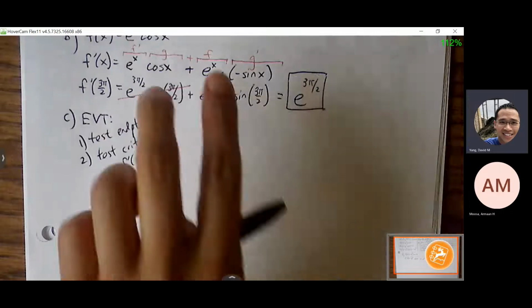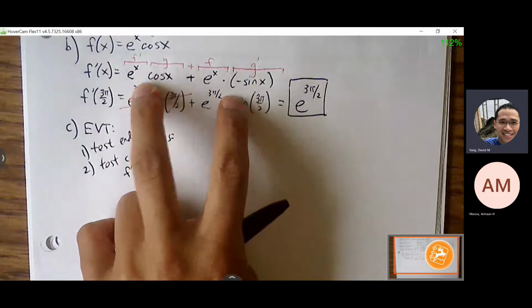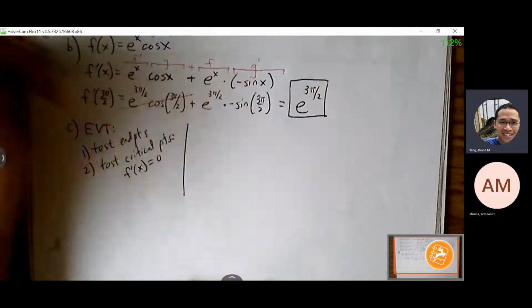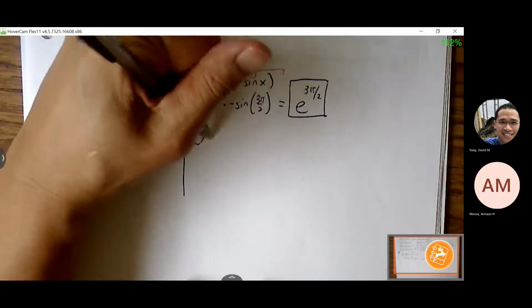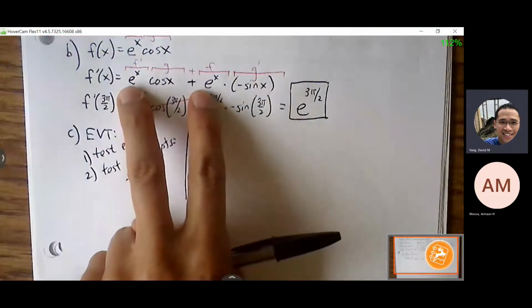Okay, so we have our derivative. Let's set our derivative equal to 0. We already know what the endpoints are. We'll set that off to the side, but we need to find the critical points. So take my derivative, set equal to 0. I can factor an e to the x out.